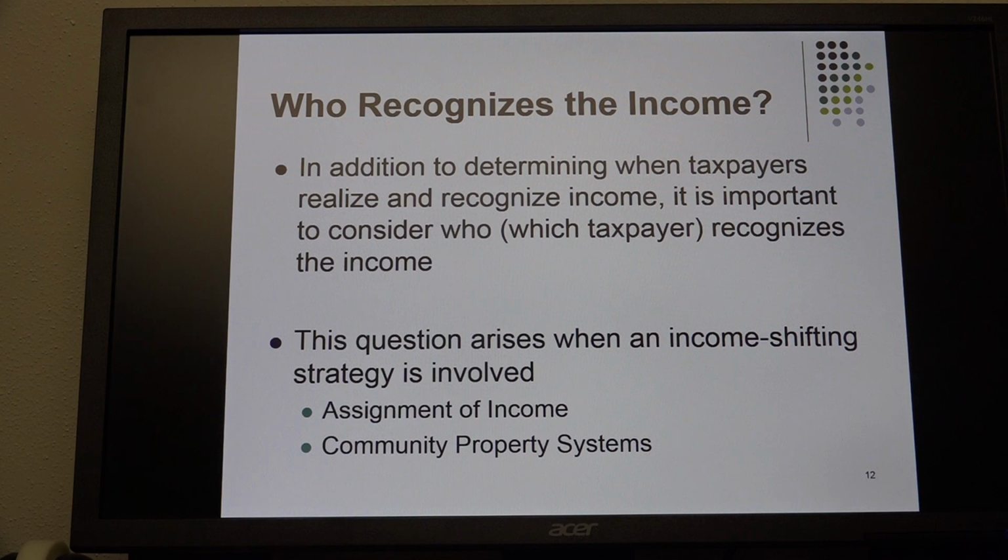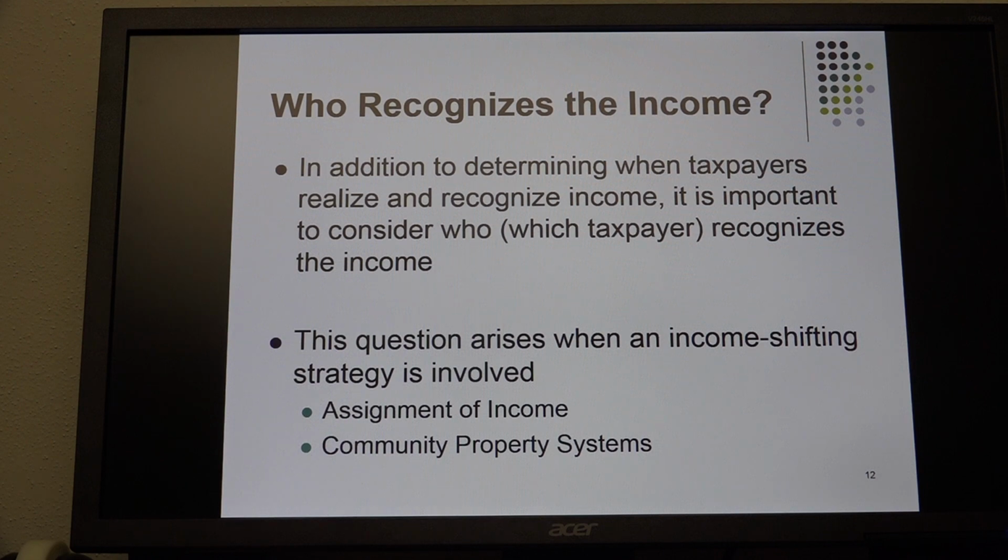And so here, where we have an issue as to which taxpayer recognizes the income, what you have going on is a taxpayer in a high tax bracket trying to shift income, usually to a relative, a family member who is in a lower tax bracket.